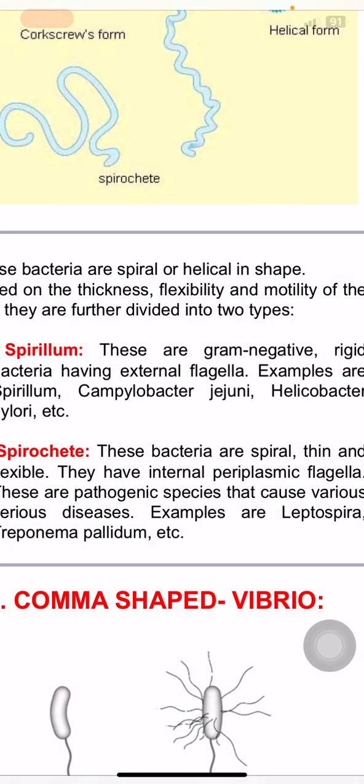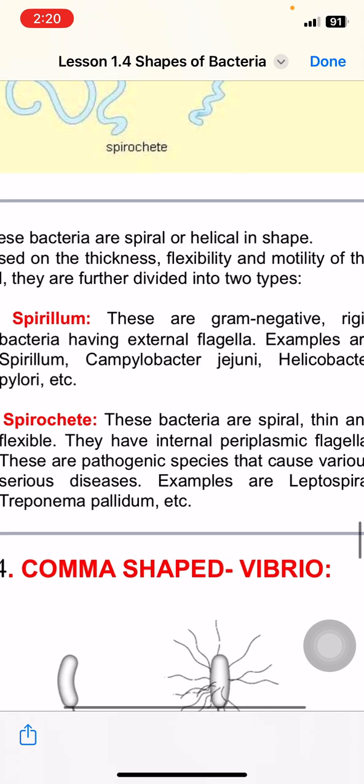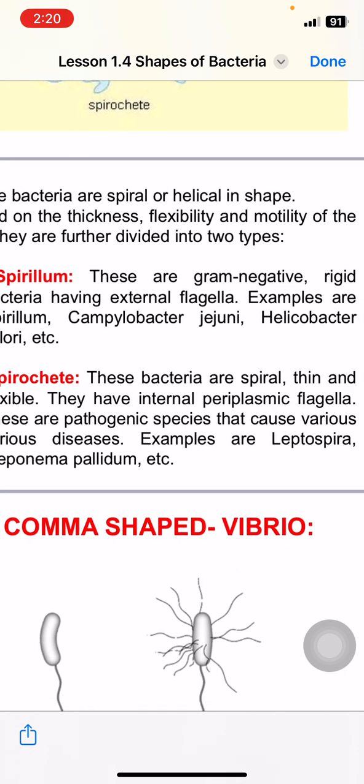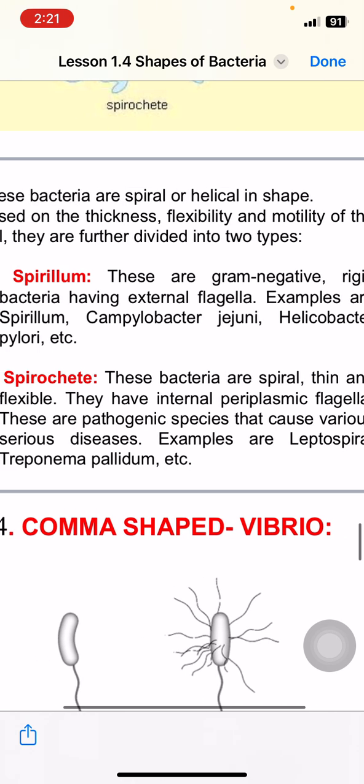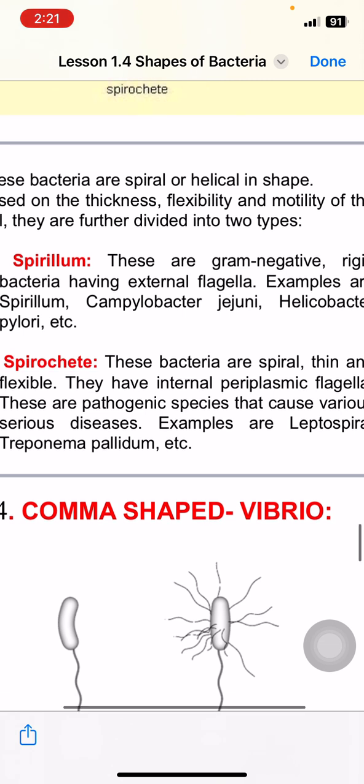Then next we have the spirochete. When we say spirochete, it pertains more to the spirality or spiral of the formation or the shape. It is usually flexible, meaning you can flex, you can change the shape of it. If the spirillum has an external flagella, the spirochete has an internal periplasmic flagellum.